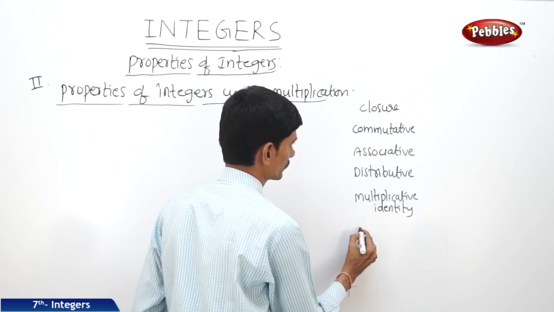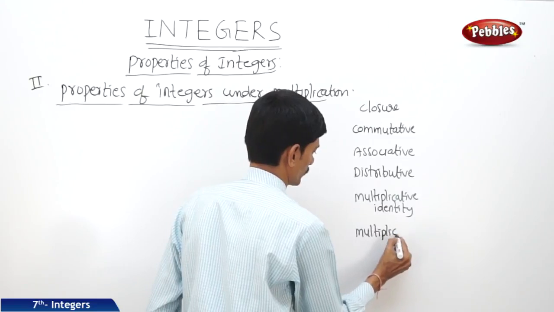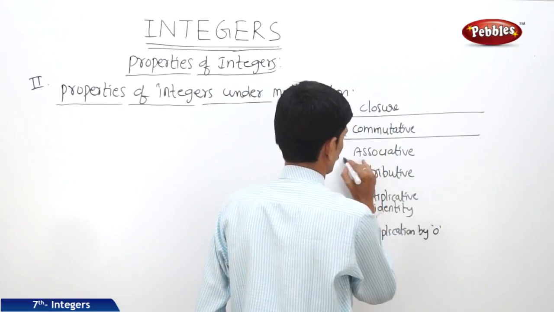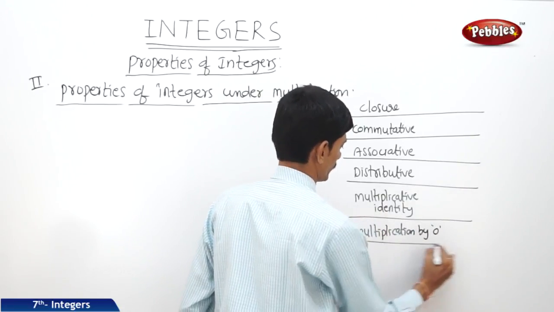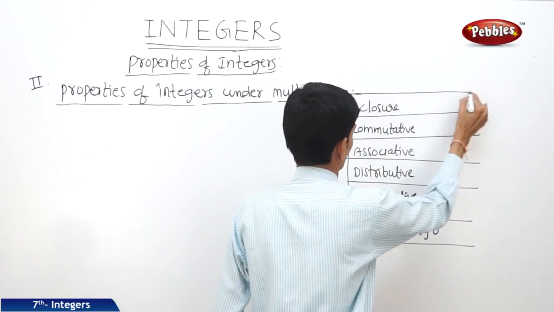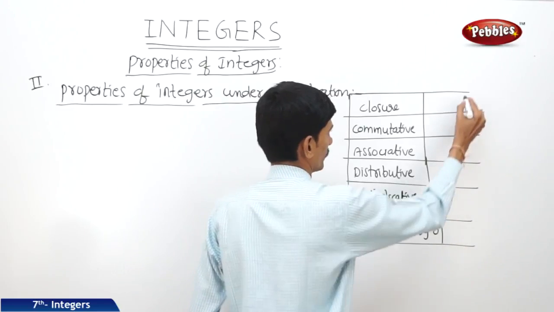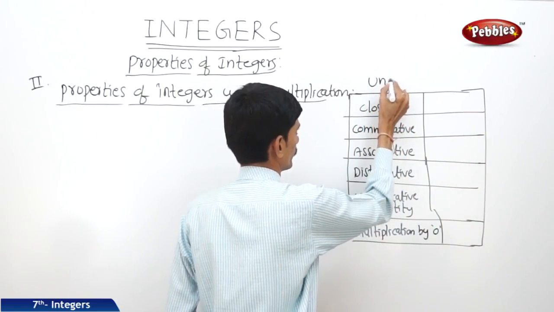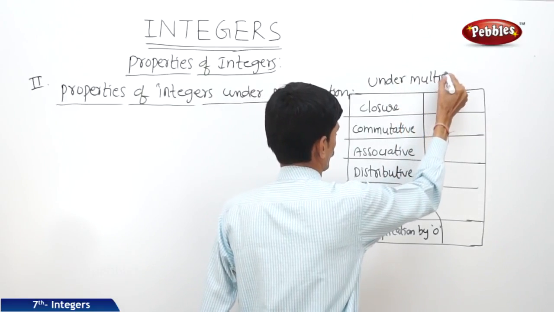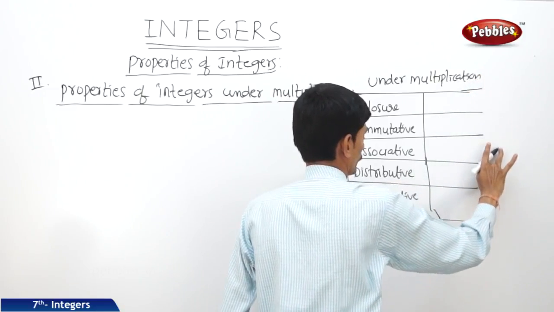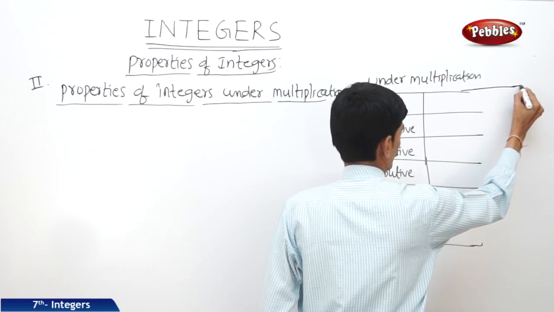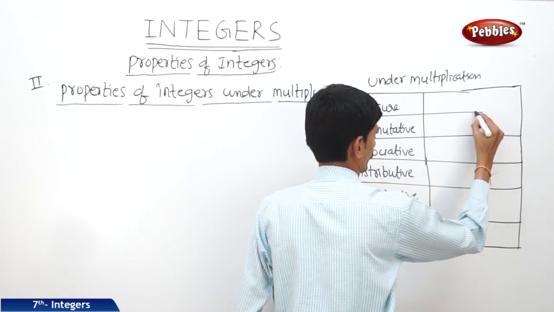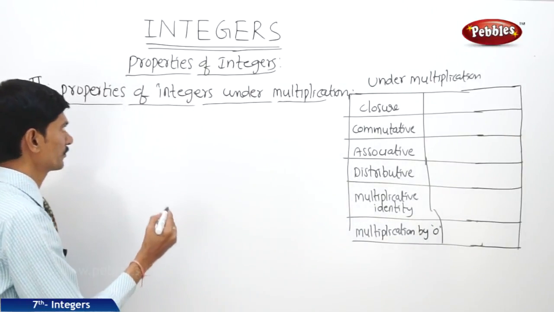Then multiplication by 0. Now first we will take the closure property under multiplication.